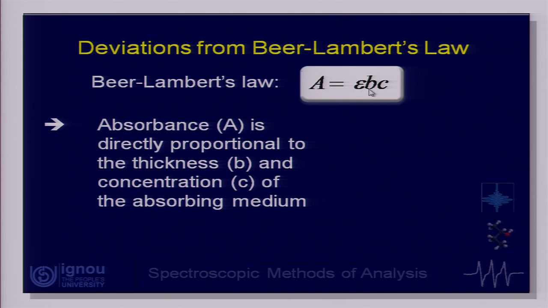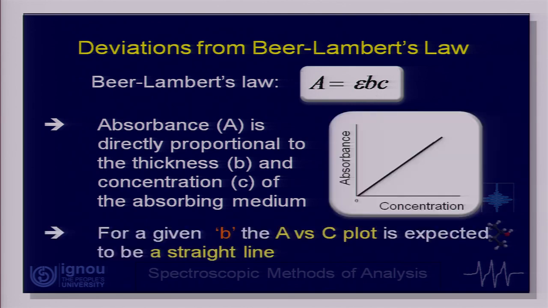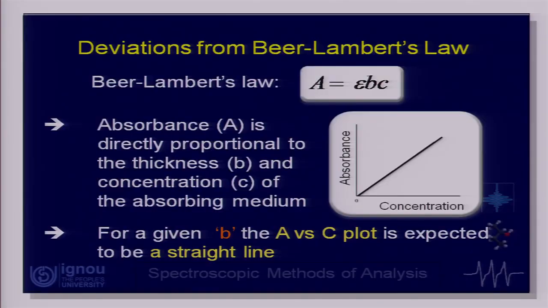In other words, at constant b, I expect a plot between A, the absorbance, and c to be a straight line passing through the origin. That is what I expect from the Beer-Lambert law. It means that if a system is following the Beer-Lambert law, then I must get this kind of straight line plot.